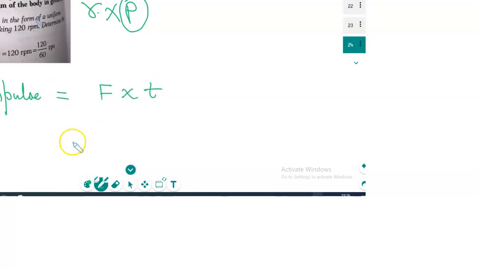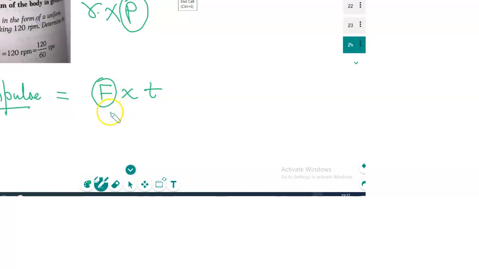But for angular impulse, force will transfer to what? Torque. The force role is the same, whatever it is, the torque role.